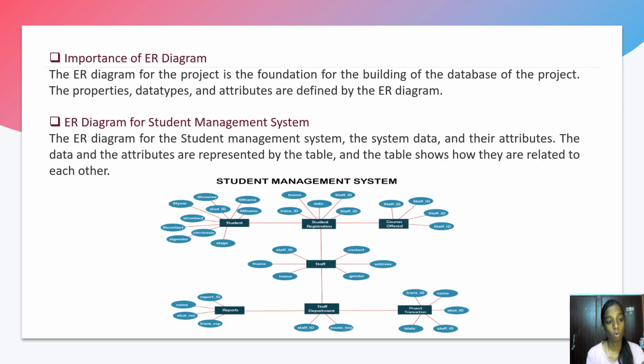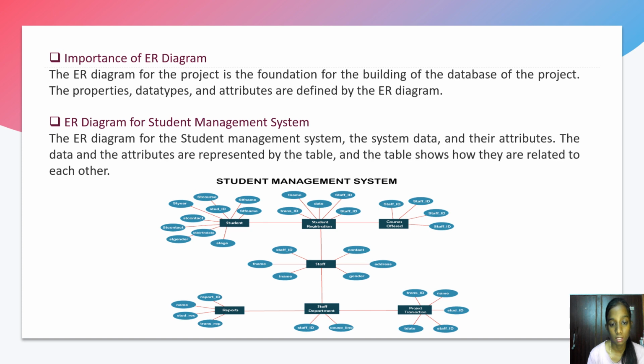So next we'll see what is the importance of ER diagrams. The ER diagram for the project is the foundation for building the database of the project, and the properties, data types, and attributes are defined in the ER diagram. So the ER diagram for the student management system covers the system data and their attributes. The data and the attributes are represented by tables, and the tables show how they are related to each other, right?